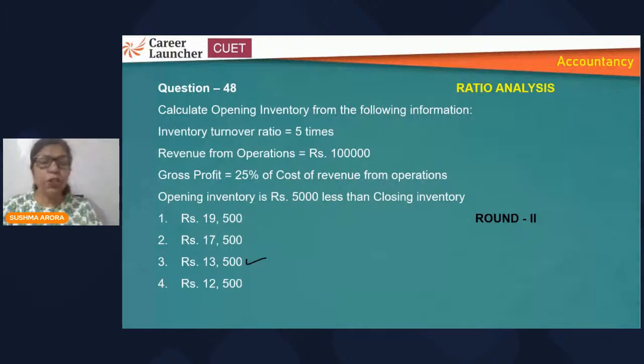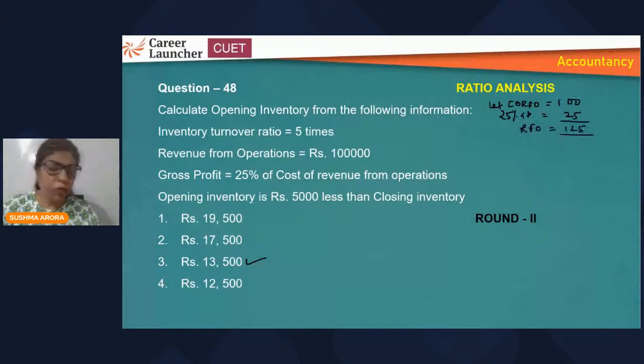First, we have to calculate Corfo. Corfo is not given, so let Corfo, cost of revenue from operation, be 100. 25% GP, so that will be 25. Now, RFO will be 125. Now, we will calculate our Corfo by this way. In your childhood, you have learned the unitary method: when RFO is 125, Corfo is equal to 100.